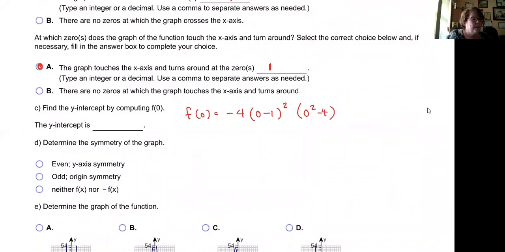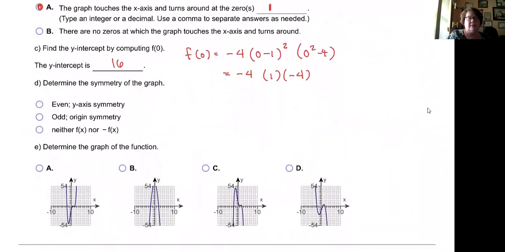Okay, so I get negative 4. Negative 1 times negative 1 is positive 1 times negative 4. 0 squared minus 4 is negative 4. Negative 4 times negative 4 is positive 16. So the y-intercept is 16.